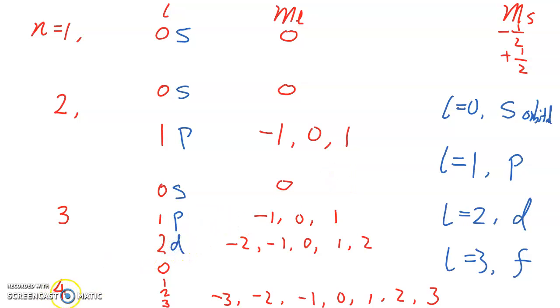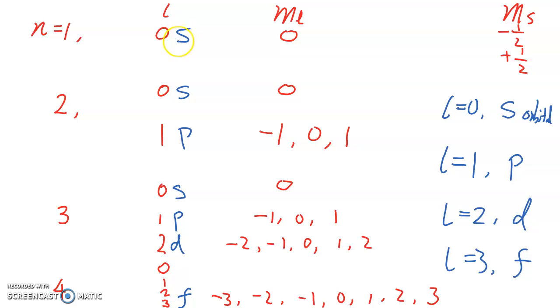When n is equal to 4, I can have s, p, d, and over here, L equal to 3, I have f orbital. Okay, so that's how we create that energy chart.